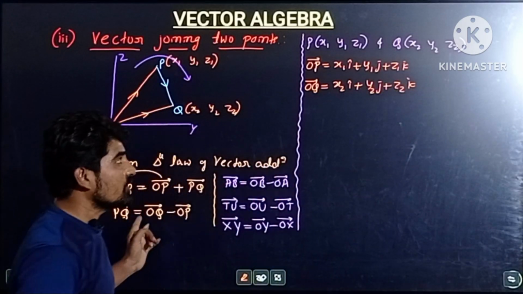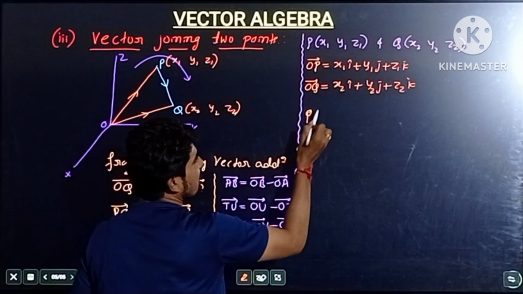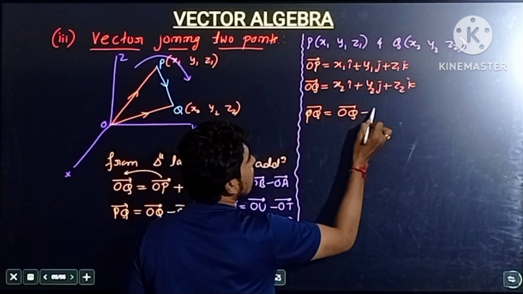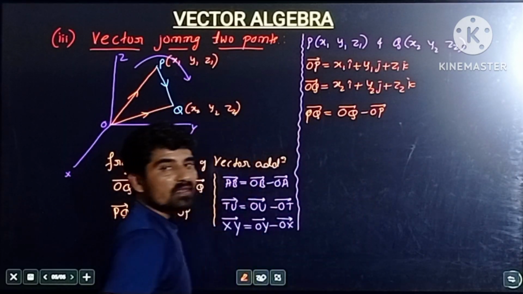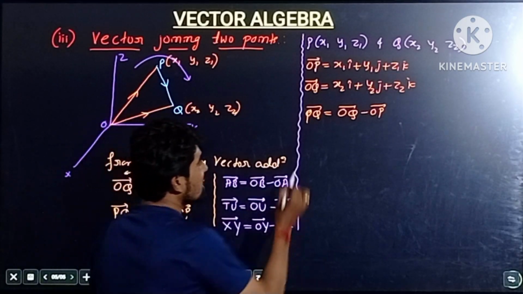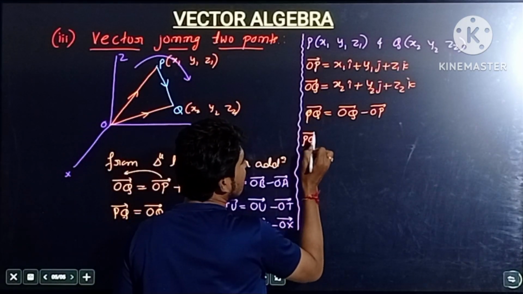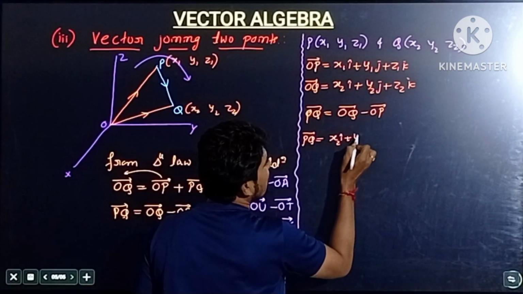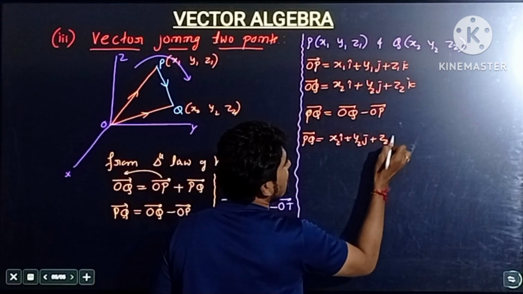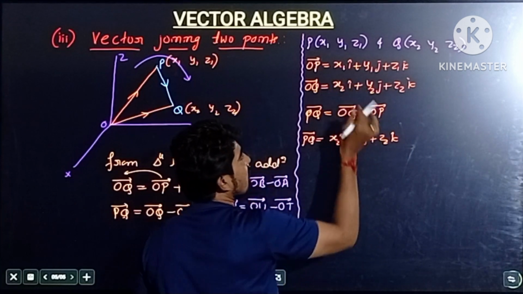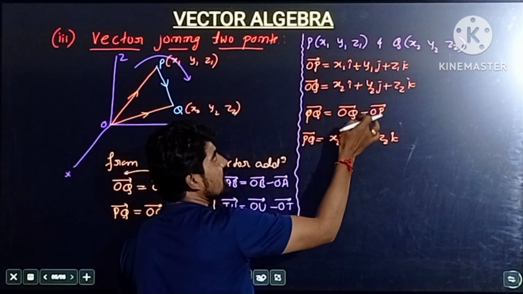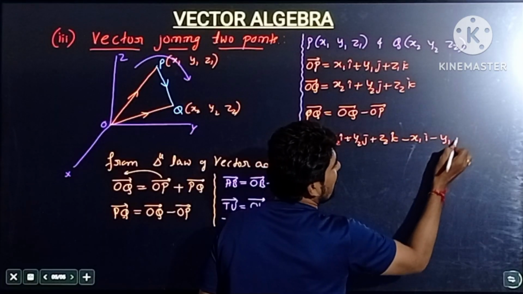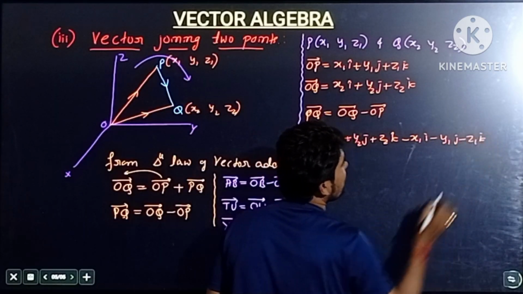We need PQ vector. We know that PQ vector is equal to OQ vector minus OP vector. So PQ vector is equal to x2i plus y2j plus z2k minus, multiplying OP vector by the minus sign, it becomes minus x1i minus y1j minus z1k.